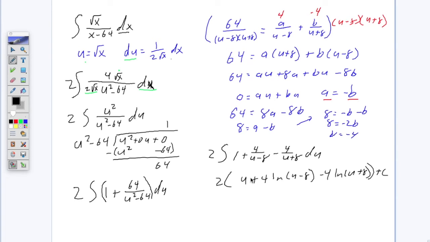Actually, what I'm going to do first is replace the u's with square root of x, and multiply through.